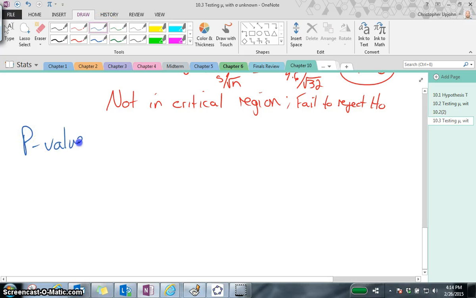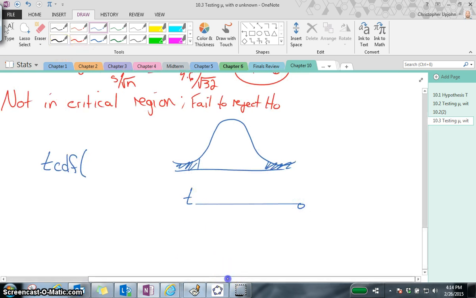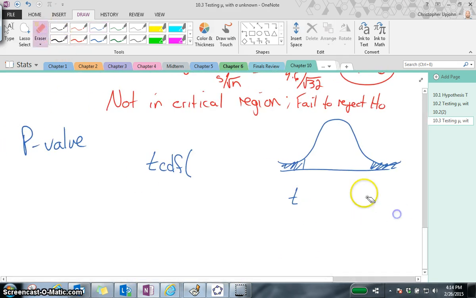Last one is our p-value. For the p-value, we want to see the probability that we get the value that we got. So, tcdf. Even though we have a two-tailed test, because our t-score, our t naught, our test statistic is negative, we're going to look at the left side, the probability that it's less than our test statistic.